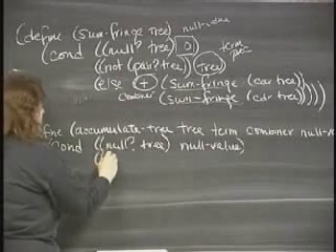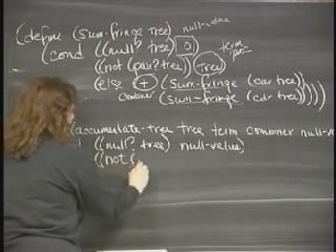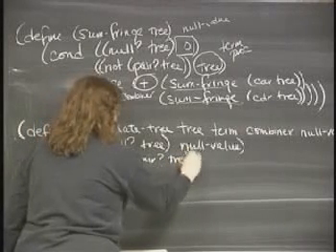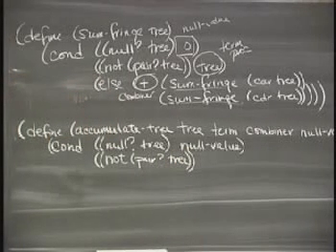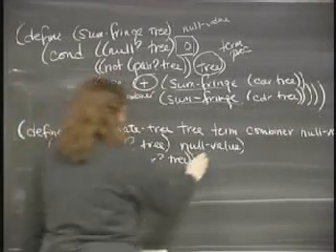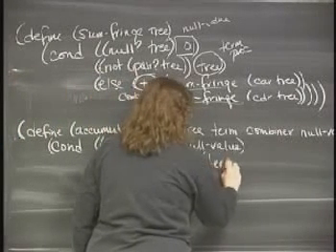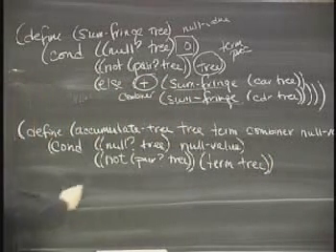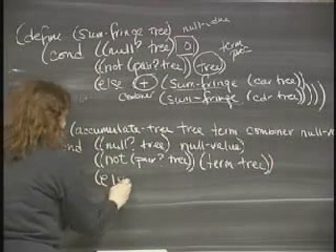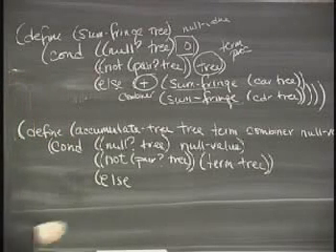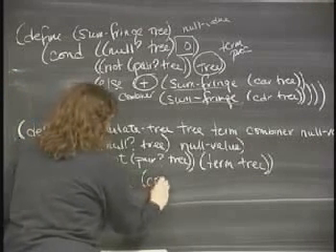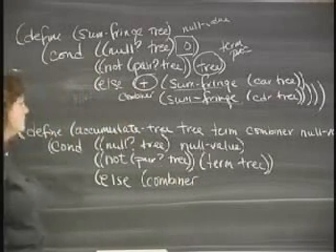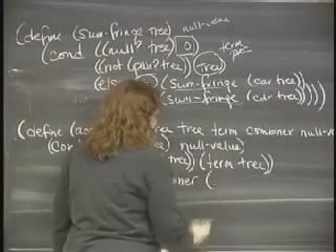Okay. If we don't have a pair, meaning that we have a single element of our tree, what would we like to do? Return the tree. Otherwise, of what?